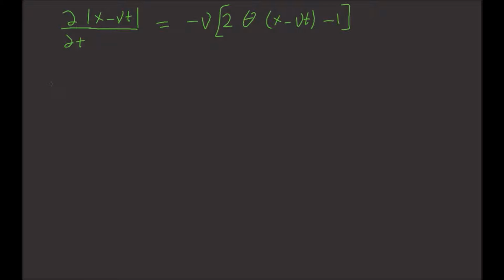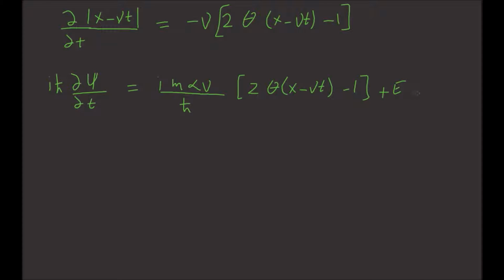So now we can move forward, so let's multiply i h bar times the time derivative of psi, and doing this we get minus m v minus m alpha v divided by h bar times 2 times theta of x minus vt, which is a step function, minus 1, plus E plus m v squared divided by 2, times psi.